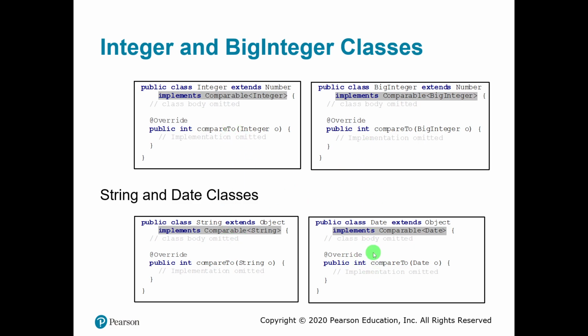Each is implemented differently, but they all have the method built in, which means they can all be compared to another object of their same class. I can compare an Integer to another Integer, a BigInteger to another BigInteger, two strings, or two dates, because they all have the compareTo method since they implement the Comparable interface.